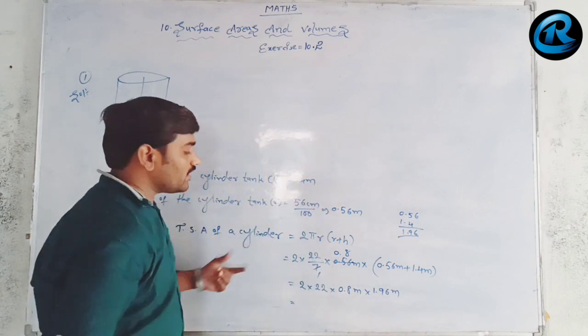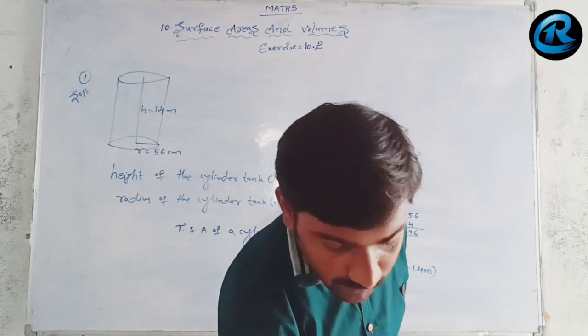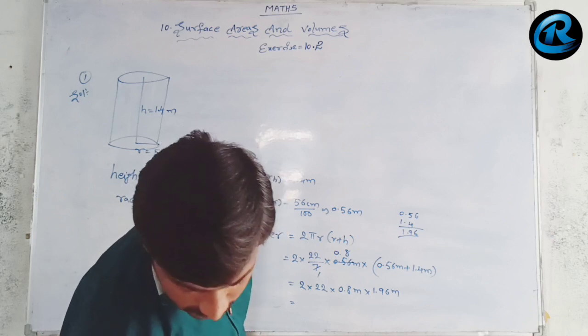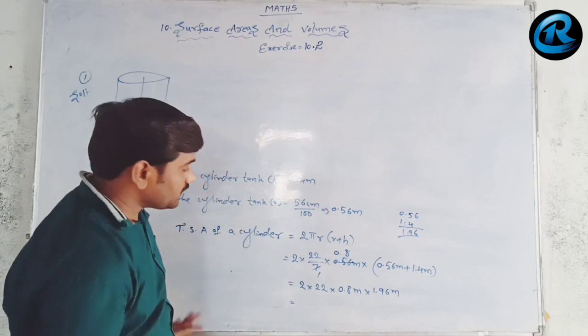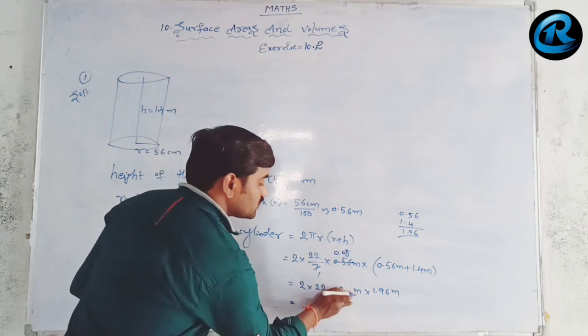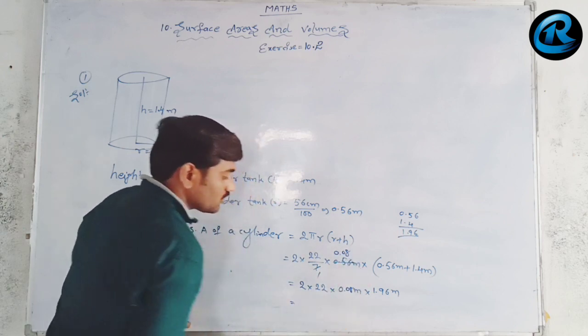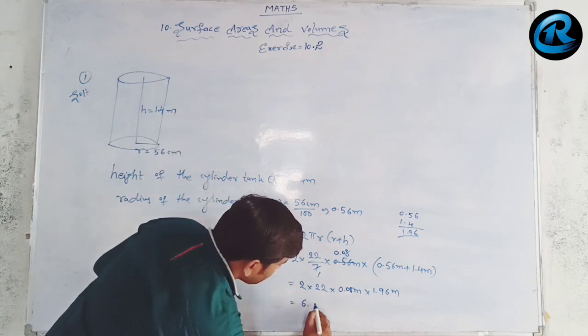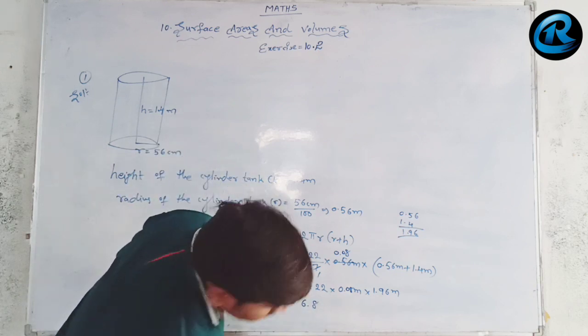When you multiply all this, I have already done the multiplication here. So it becomes 0.08, sorry, here 0.08. When you multiply all this, we get 6.8992.